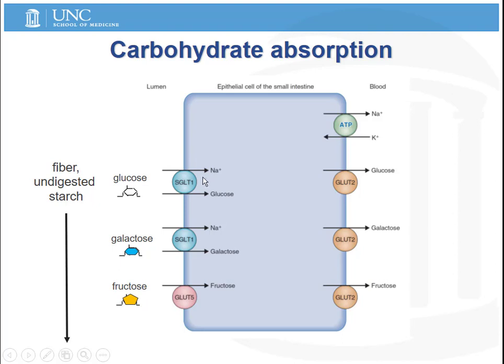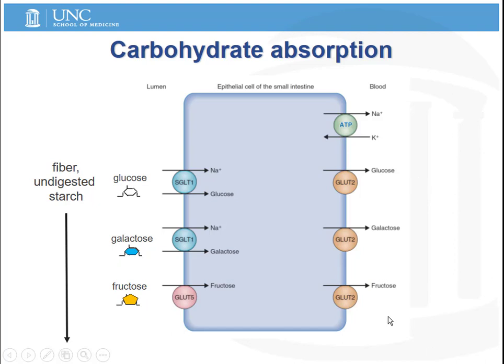First, the sodium-dependent glucose transporter 1, which absorbs glucose and galactose from the luminal membrane. Second, the GLUT5 transporter, which absorbs fructose across the luminal membrane. And third, the GLUT2 transporter, which transports all of these monomers out across the basolateral membrane and into the blood.